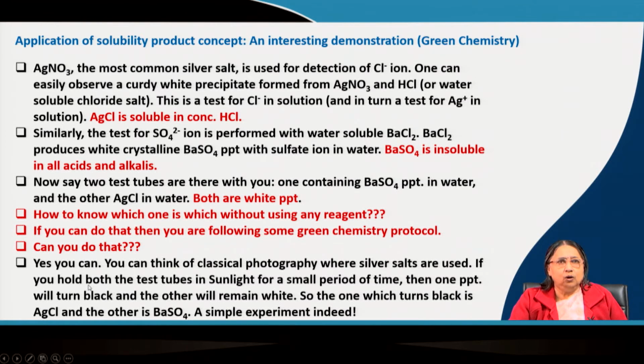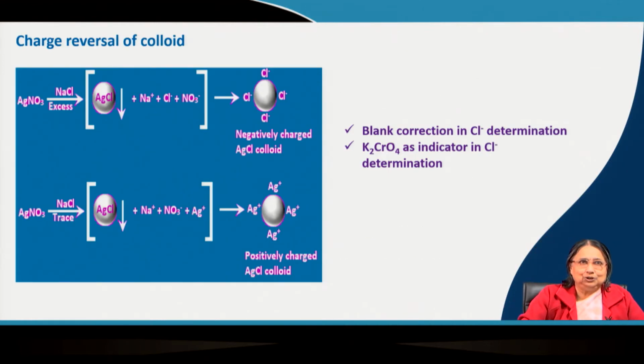Now, if you hold both the test tubes in sunlight for a small period of time, one precipitate will turn black and the other will remain white. Which one will turn black and which one will remain the same? Silver chloride will turn black. Why? Because with photon, it decomposes to form silver, and silver is black, and barium sulphate will not react with the photon. So, it will remain the same. It is a very simple experiment to understand, and this is a green chemistry protocol, a green chemistry approach.